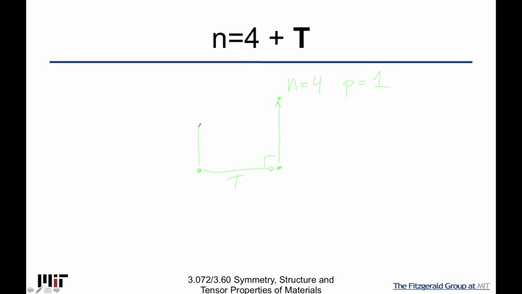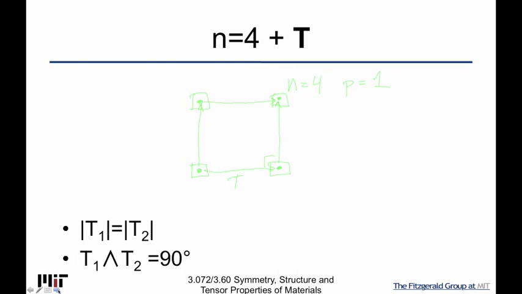And of course, if I have two straight lines coming up here, we knew that meant that p equals 1, and I'm able to have 4 fold axes at every translation point. And so, in this case, we have the same kind of notation, t1 equals t2, of course, and the angle between them is 90 degrees.